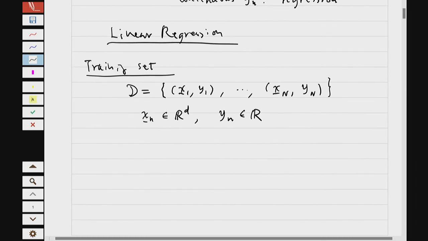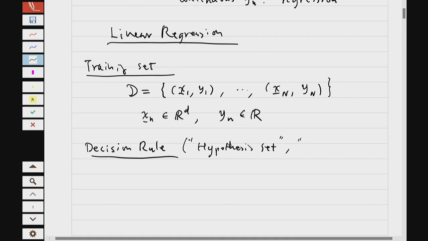And then we have to have a decision rule. As we said before, this is also called the hypothesis set, the allowable hypotheses that you can choose from.